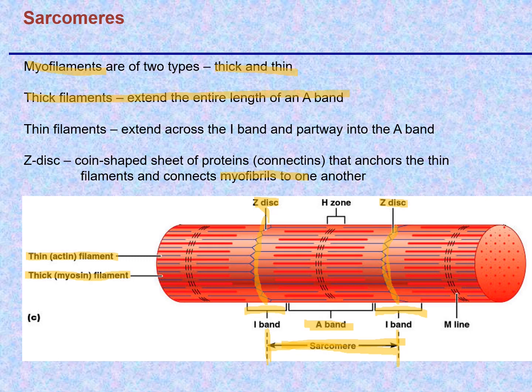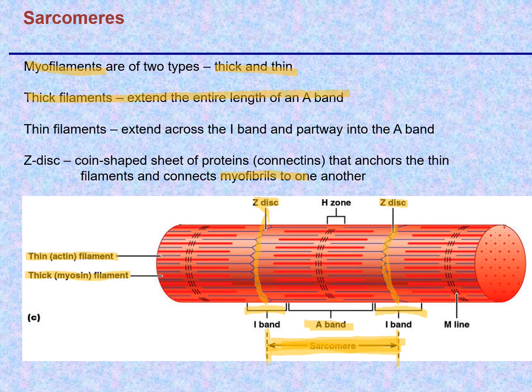What you see is that the thin filaments overlap with the thick filaments. If you look at one single region delineated by the Z discs, this sarcomere, the thin filaments are present in the I band area, and thick and thin filaments are present in the A band area.